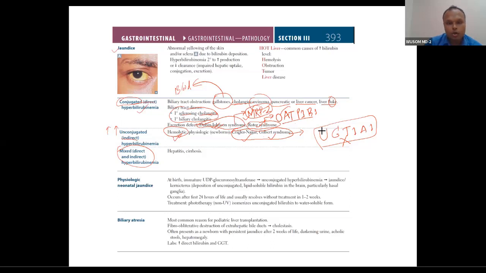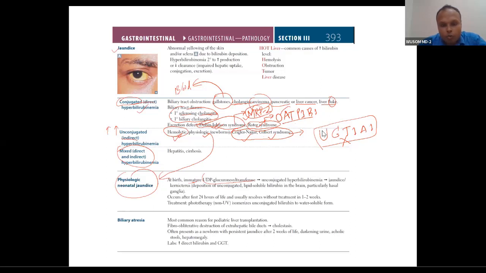The third cause is physiological jaundice. Normally physiological jaundice has high unconjugated bilirubin, for the same reason, because here UDP glucuronosyltransferase is immature.